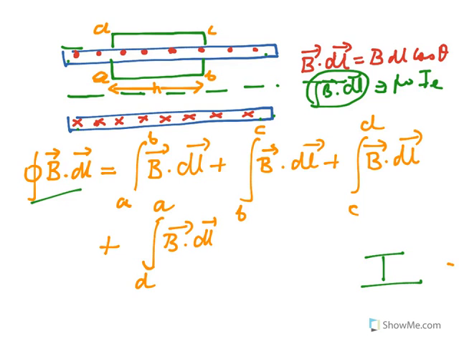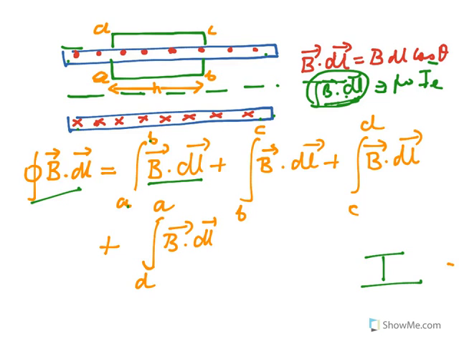Now once we do the line integration of B dot dl, we can break the loop into 4 parts: A to B, B to C, C to D and D to A. For the first integral, B dot dl from A to B, between dl and B the cos theta is equal to 1 because theta is equal to 0.